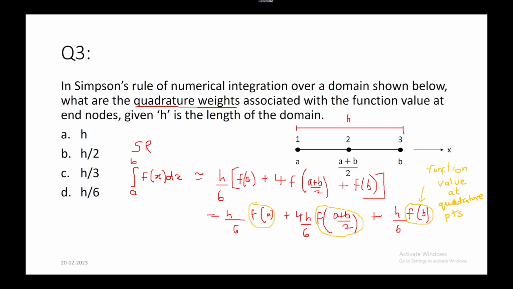So what are quadrature points? The points at which the functions are being computed. Those are called quadrature points. If I take another color, maybe green, and circle these coefficients, this is h by 6, this is 4h by 6, this is h by 6.